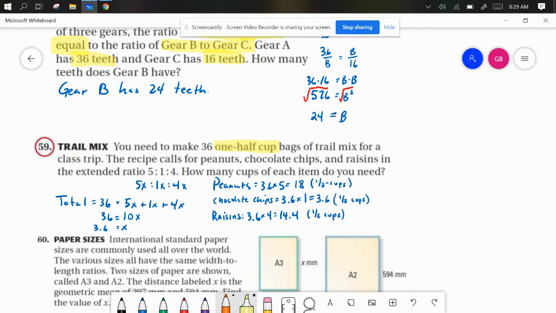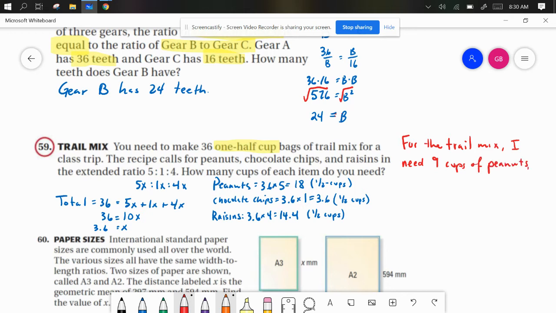So let's go ahead and write our sentence. Okay, so for the term x, I need 9 cups of peanuts.